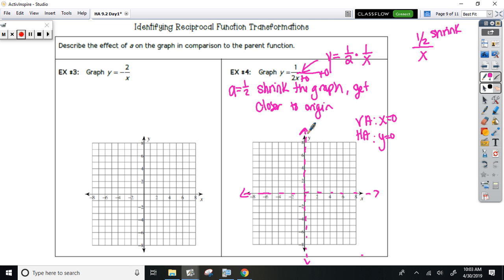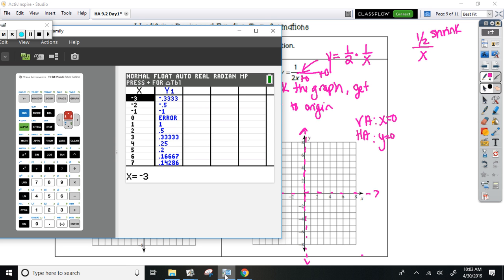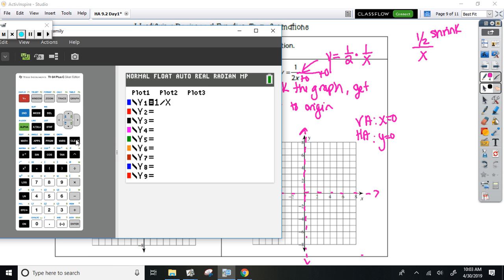Let's use our graphing calculator for this one. Obviously, you could do it by hand, make it x times y equals 1/2, and think about what multiplies to get us 1/2. But let's do one on the calculator. So go to our y equals button, type in 1 divided by. Now because you have two things in the denominator, you need parentheses, 2x.